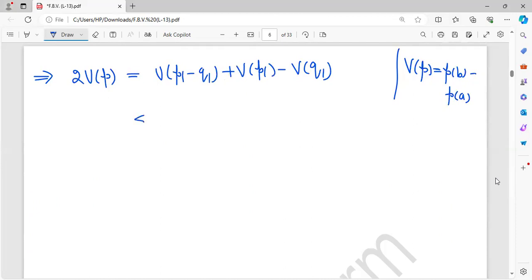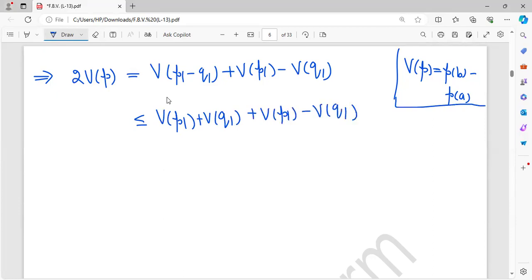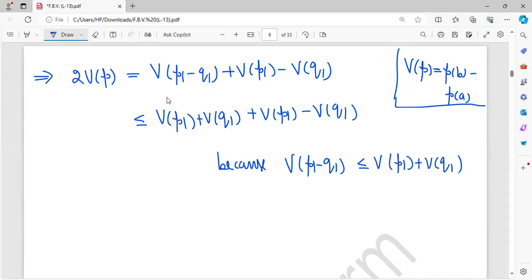But we have this inequality: the variation of P1 minus Q1 is less than or equal to VP1 plus VQ1, because the variation of P1 minus Q1 is less than or equal to the variation of P1 plus the variation of Q1.